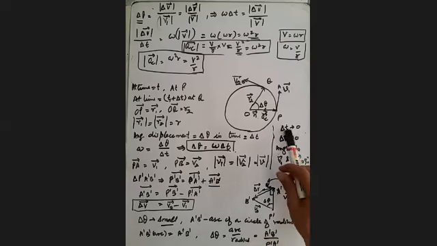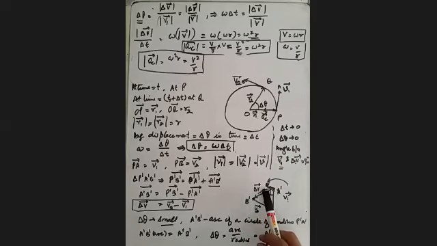Now, as delta t approaches 0, delta theta also approaches 0. The point B' comes close to A'. So as it comes very close to A', the vector A'B' becomes perpendicular to vector P'A'. That means the change in velocity vector becomes perpendicular to the velocity vector at point P'.